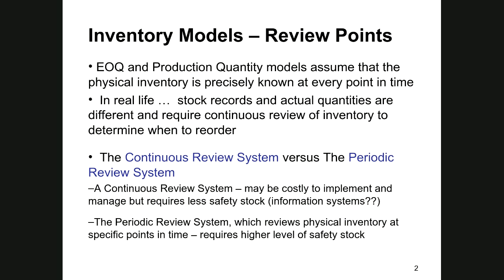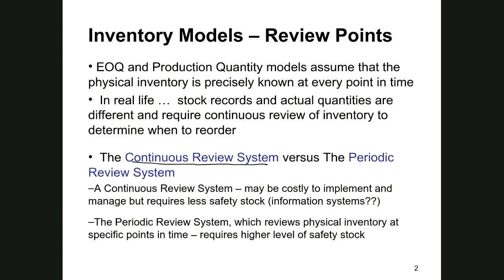Again, as you know, the EOQ and PQM models assume that everything is precisely known at every point in time. And of course, that's not exactly what happens. And so we're going to consider two different cases. Number one, the continuous review inventory system.